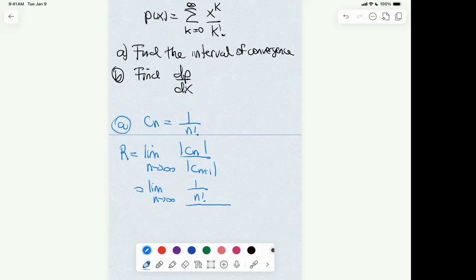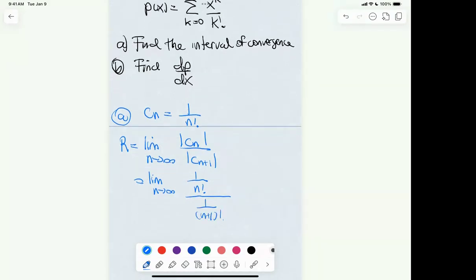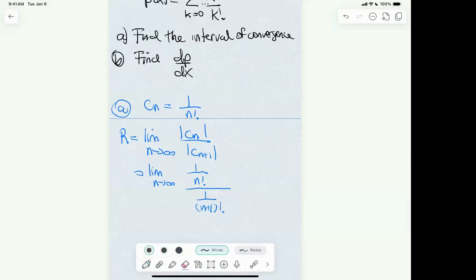What is c of n plus 1? That's 1/(n plus 1) factorial. Okay, and then a fraction of a fraction as before.